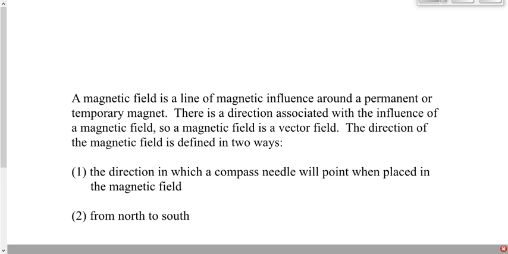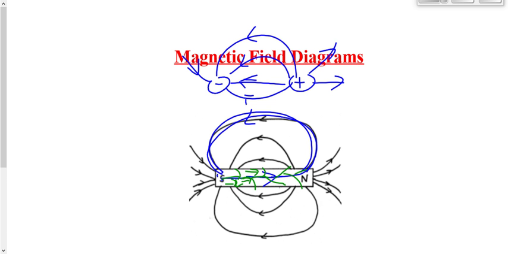We're going to say that the magnetic field points in the direction that a compass points, but it also points from north to south. So put a compass in the magnetic field, it's going to point in the direction of the field, which, as you can see in this diagram, is from north to south.